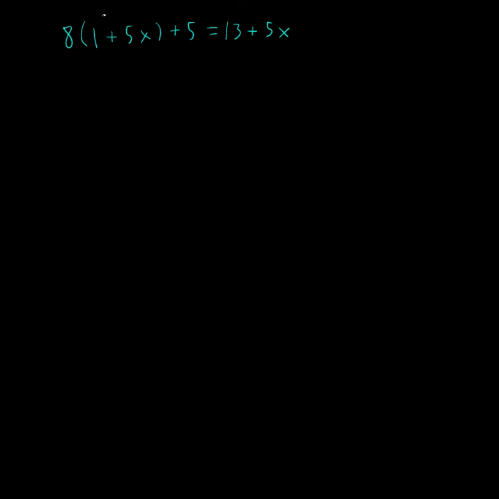If we were to want to solve this equation using the step-by-step process, step 1, we simplify. So if we were to simplify both sides of this equation, we would invoke the distributive property.